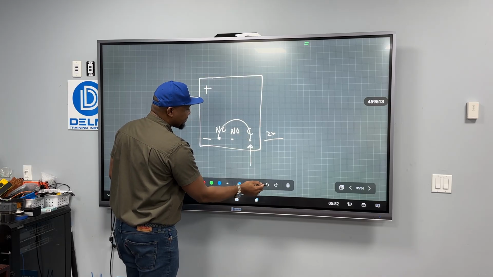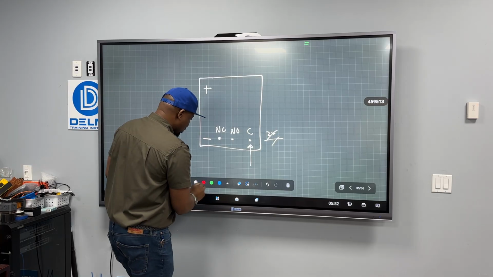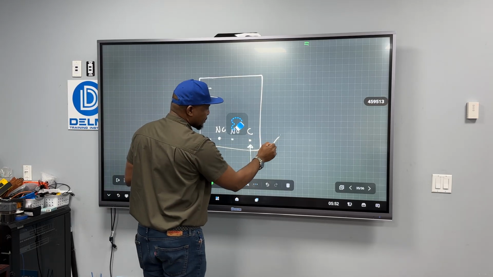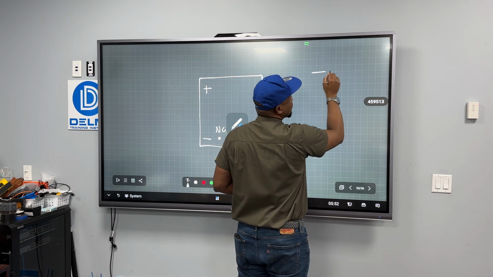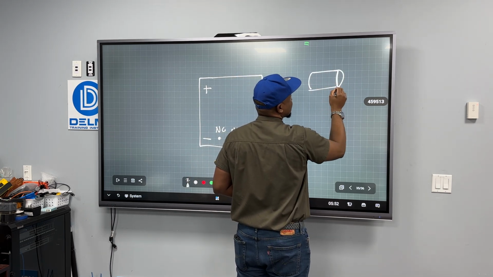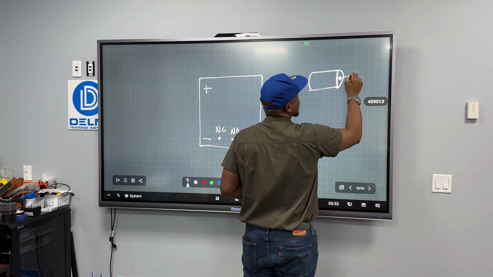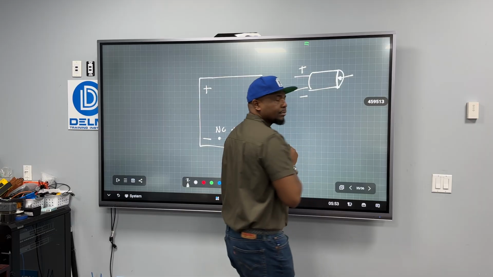So give me two output devices. Motor, 12 volt. A 12 volts motor. Okay, so we have a 12 volts DC motor. Plus, minus. What else?